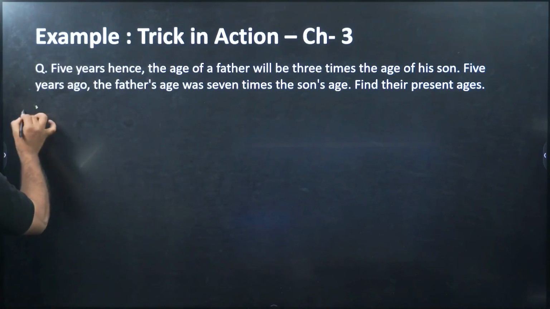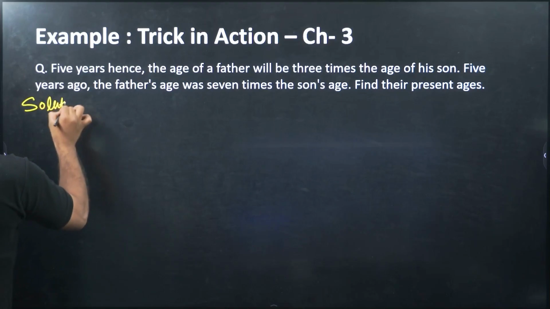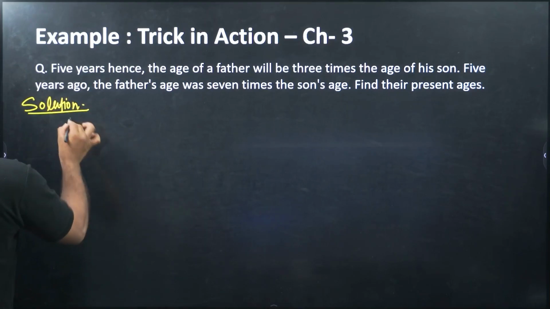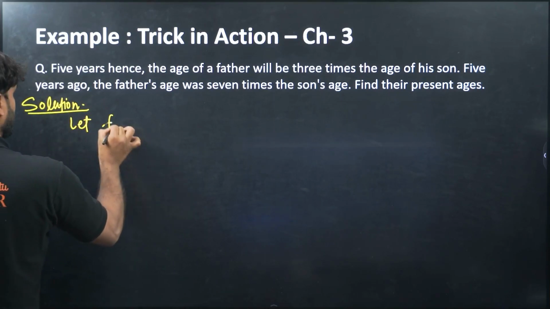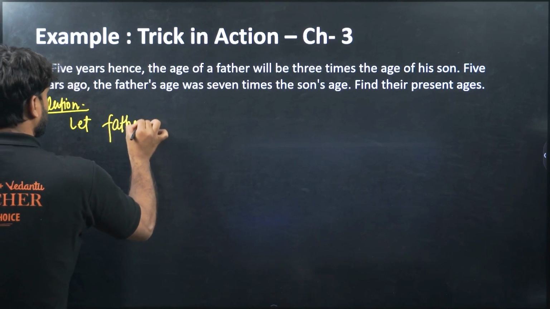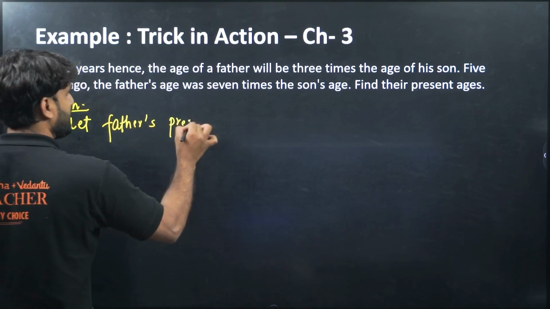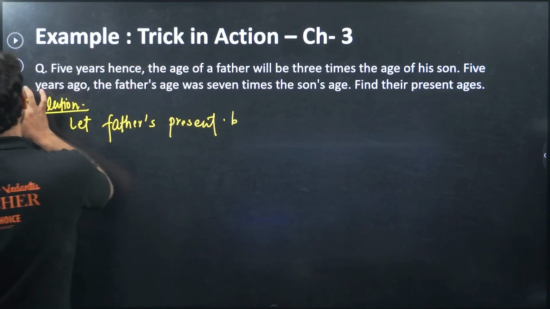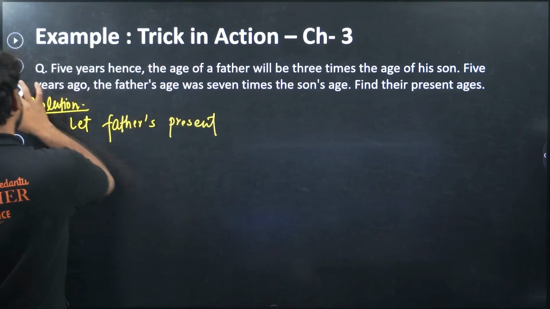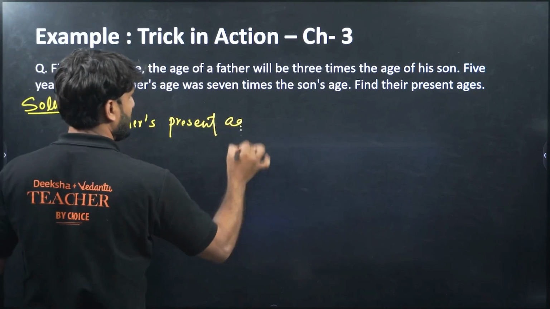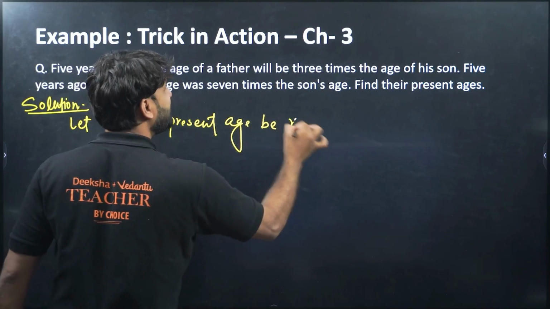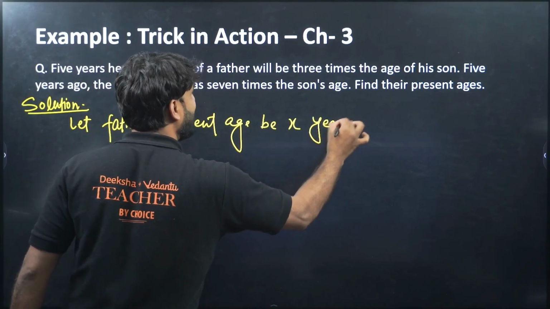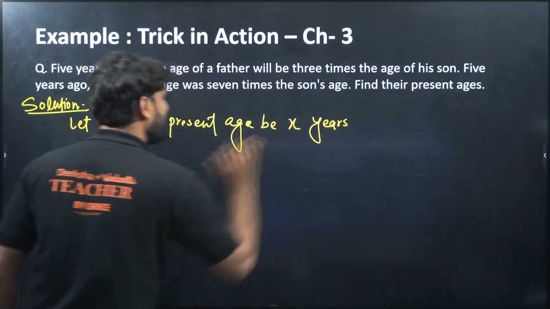So the solution starts from: let father's present age be x years, because we are talking about age, so my dear, the unit should be there.